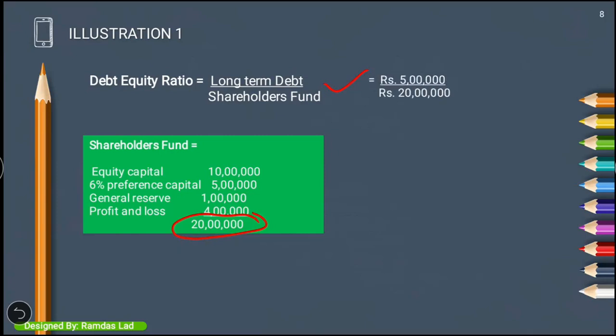So long term debt rupees 5 lakh divided by shareholders fund 20 lakh is equal to 0.25 is to 1.